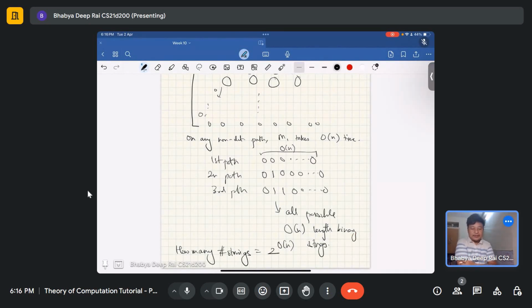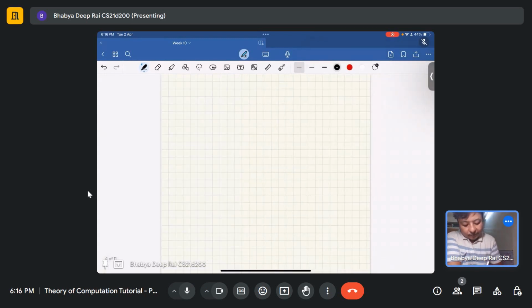Right. So, what does this mean? What is the key takeaway? My deterministic Turing machine would look like this.